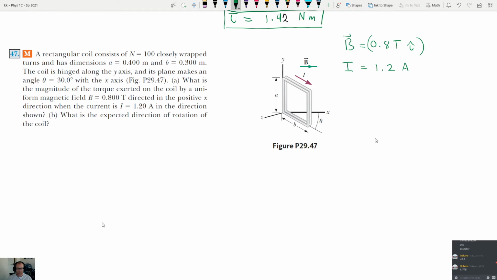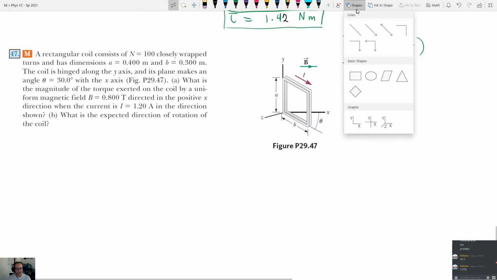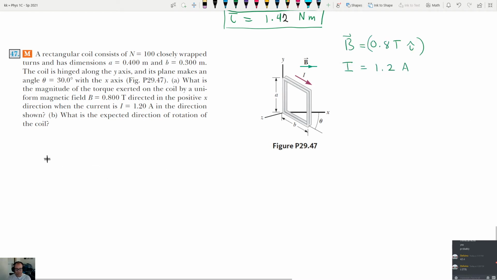Now, I think the way this picture is drawn, it is very difficult because of the three-dimensional nature of this to understand how to solve this problem. And so what I like to do for this type of problem is to draw a new coordinate system that is oriented like this.